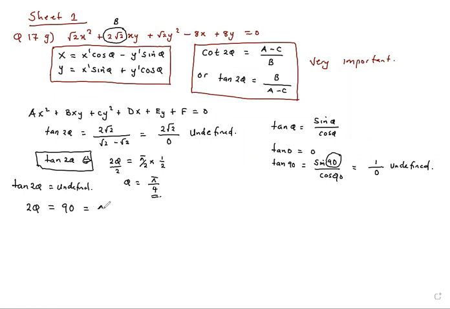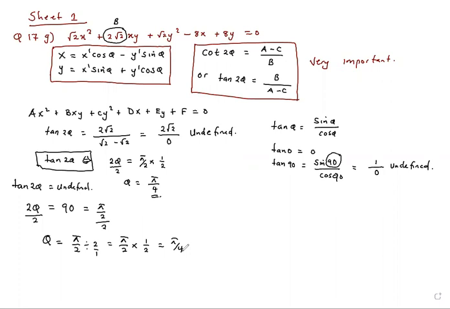But 90 is the same as pi over 2 in radians. Then we divide by 2 to solve for theta. So theta is pi over 2 divided by 2, which is the same as pi over 2 multiplied by 1 over 2, so that we get pi over 4. This is 45, is it?